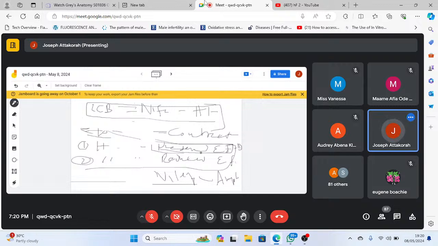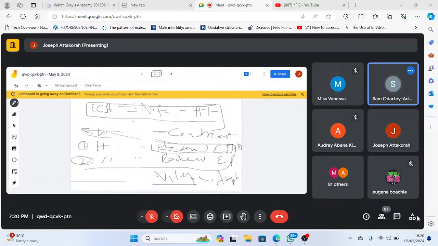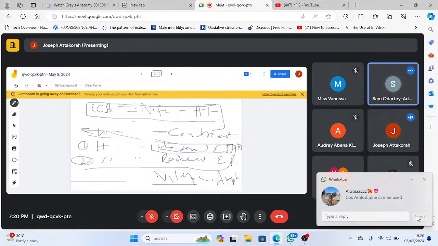Please say it again. In giving amlodipine, it doesn't have considerable calcium channel blocking activity on the heart. It can be given safely in heart failure, whether with preserved or reduced ejection fraction.